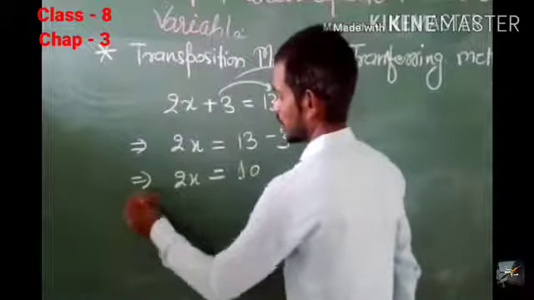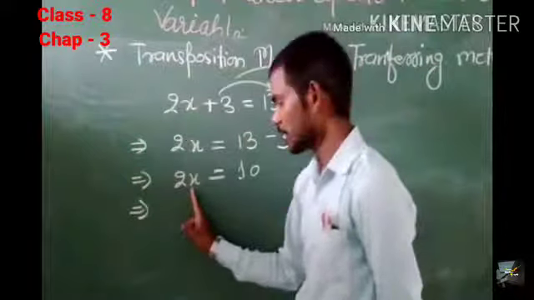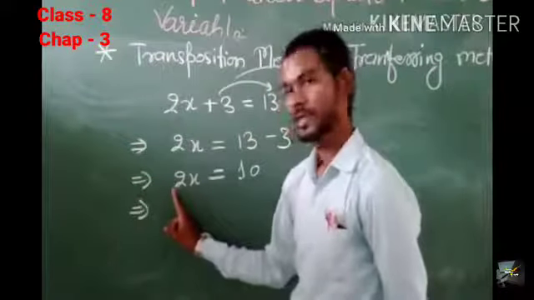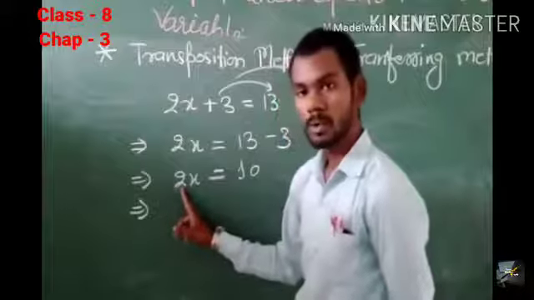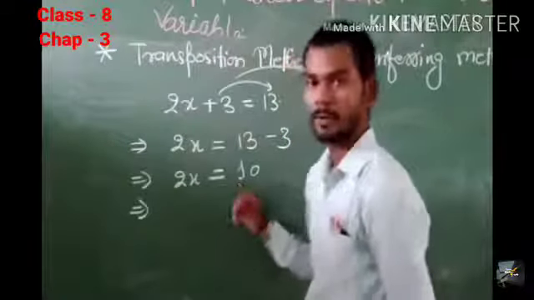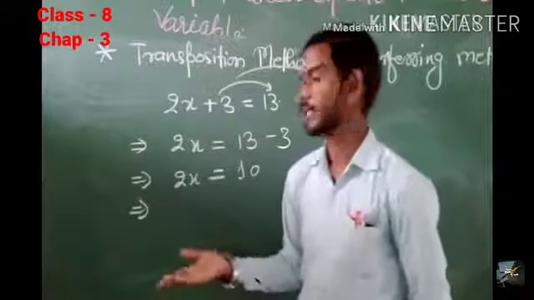And again, here we can see that 2 is multiplied with x. So when 2 goes to the right hand side from the left hand side, its operation also changes.